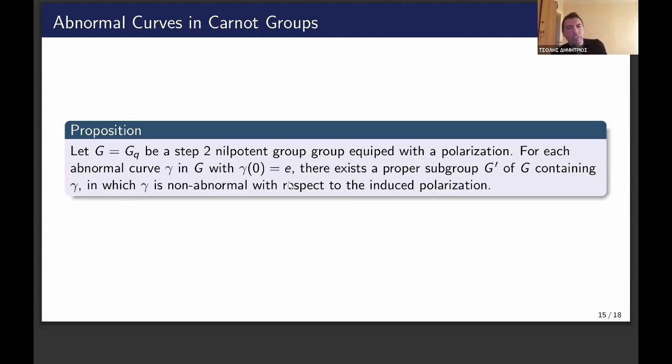And this proposition says that when we have a step 2 nilpotent group that has a polarization, then we know that there exists a subgroup of this group where gamma, a curve on this group, is non-abnormal with respect to this polarization.